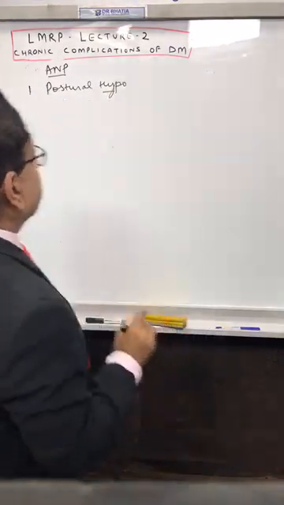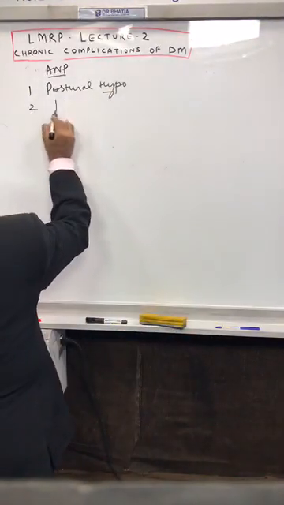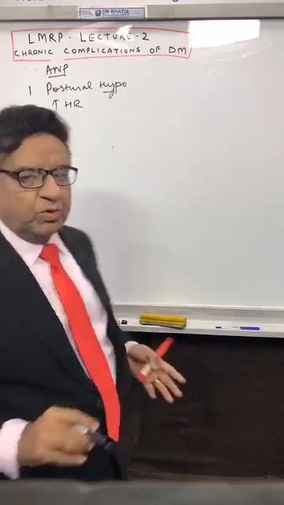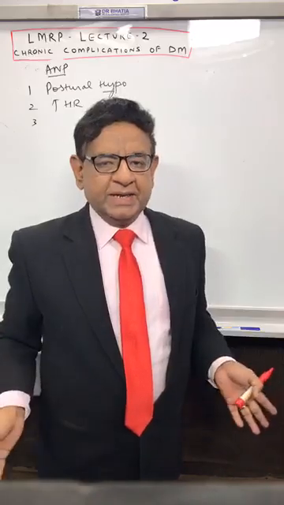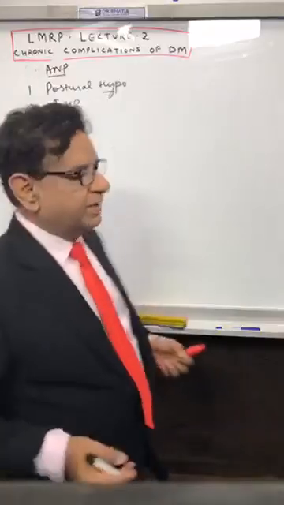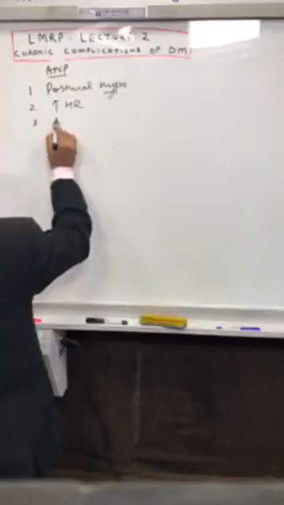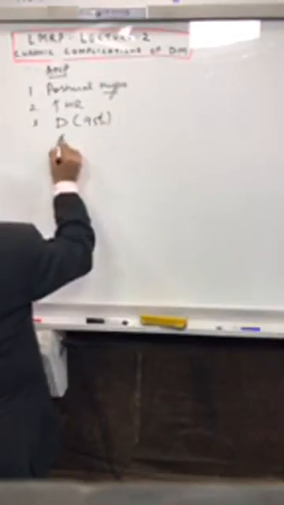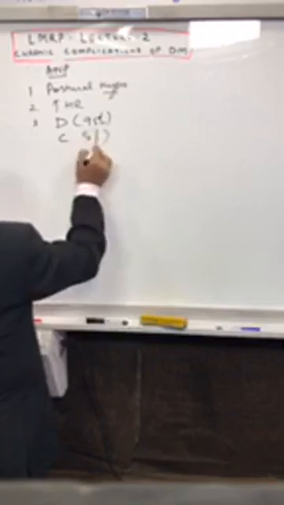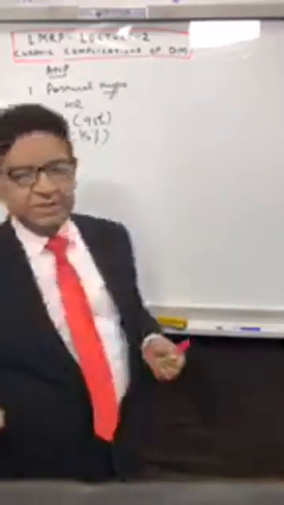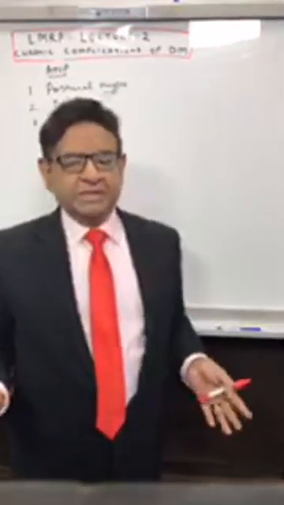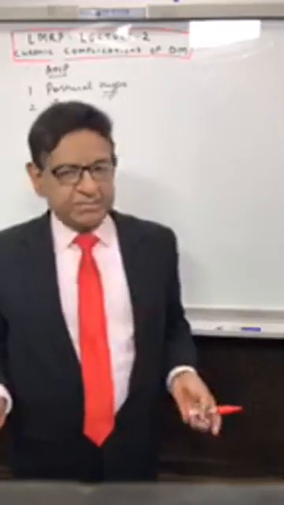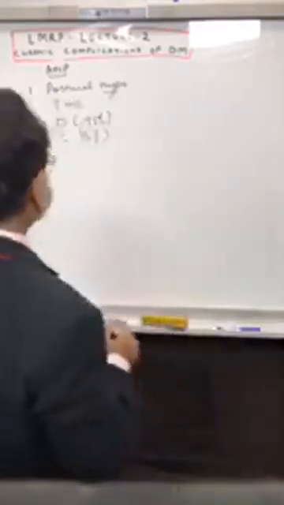Number two, unexplained tachycardia. Heart rate is very high, unexplained. We don't know why the patient has tachycardia. Then diarrhea in 95% of cases, constipation in around 5% of cases. Point to be noted, in these patients both can happen, but diarrhea is much more common as compared to constipation.